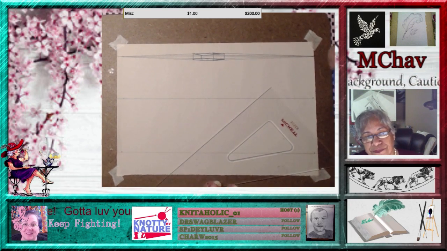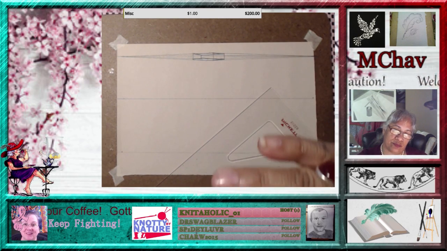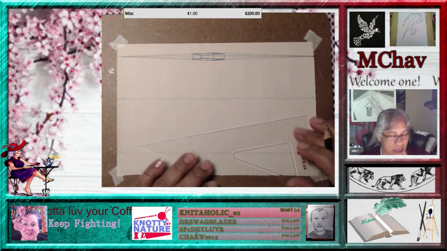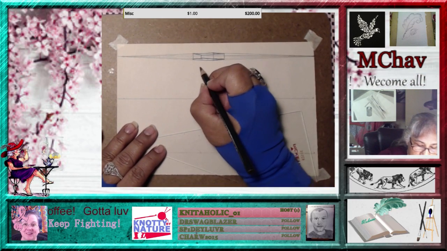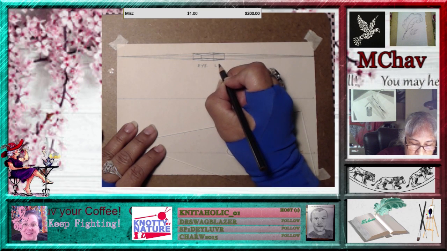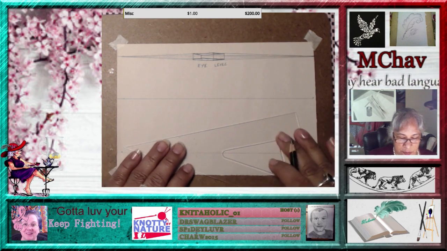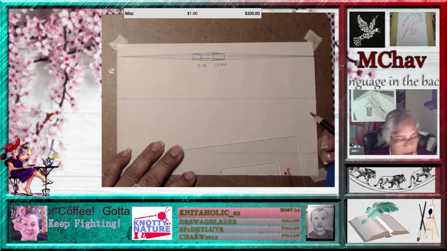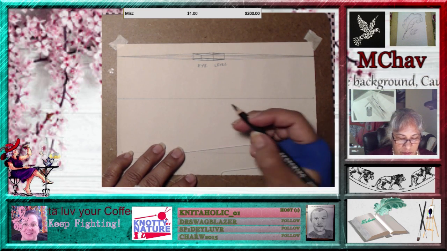That's one. That would be your eye level. Directly straight eye level. Now we're going to do below eye level. So this would be eye level. Well, I hope I have enough room on this paper.